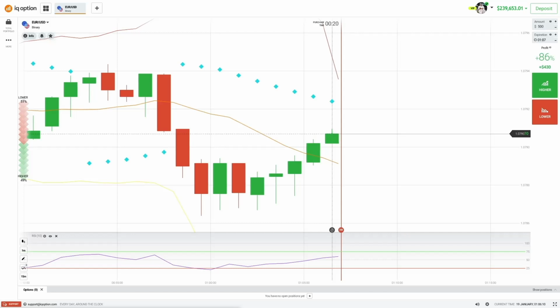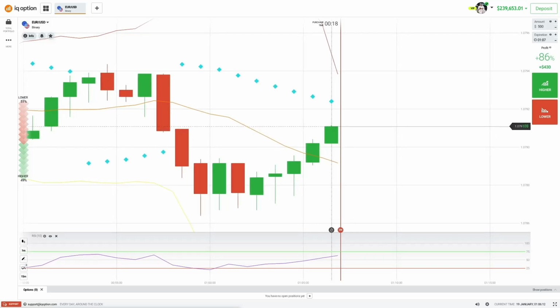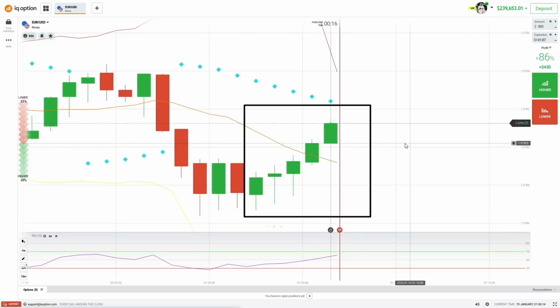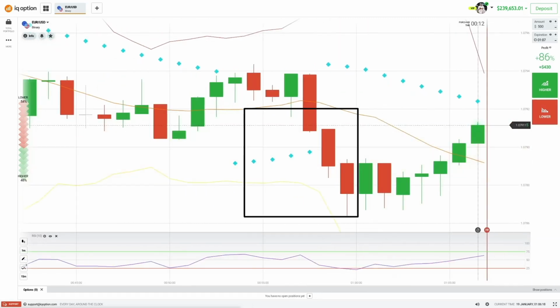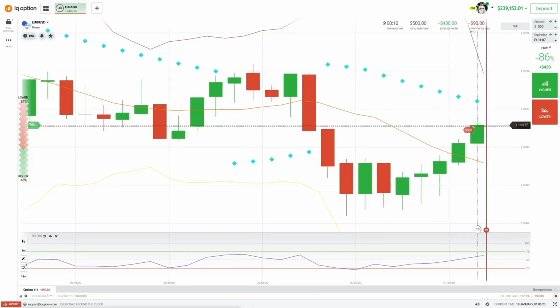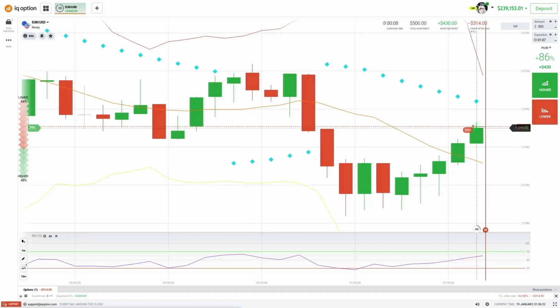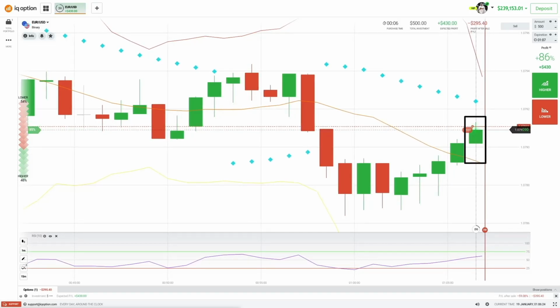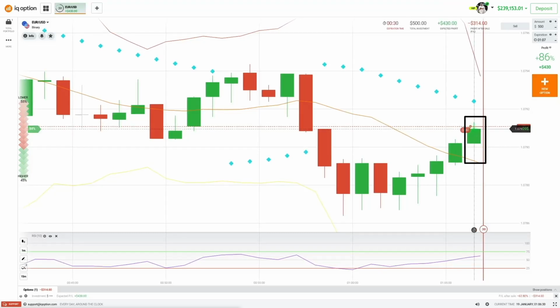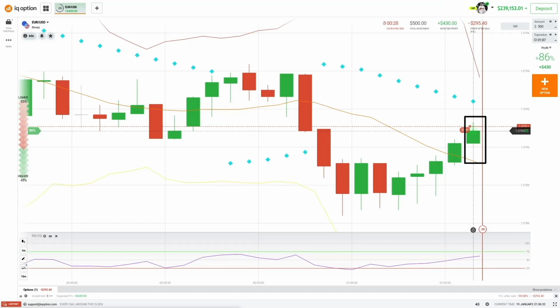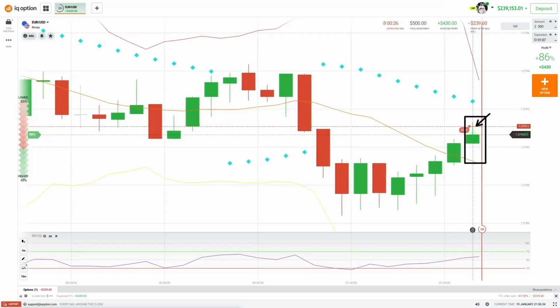Great, let's go. So we had this trend. Let me see. All right, this could be a green candle, but fortunately I opened here at this level.